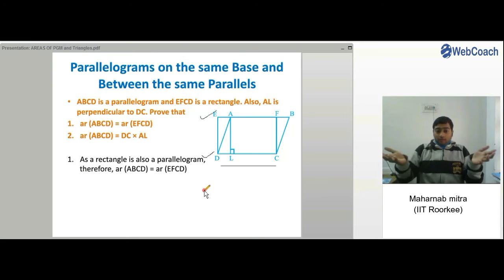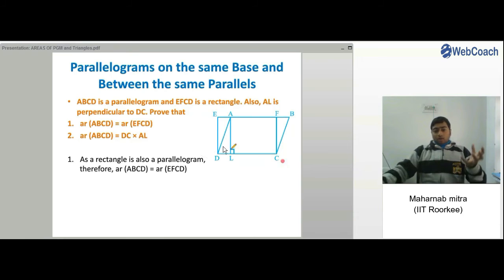Because EF is the side of a rectangle and AB is the side of a parallelogram, so obviously the opposite side, which is DC, must be parallel to them. So ABCD, the parallelogram, and the rectangle EFCD, both of them lie between the same parallels and both of them lie on the same base. Since they fulfill these two criteria, we can say both of their areas are the same, right?